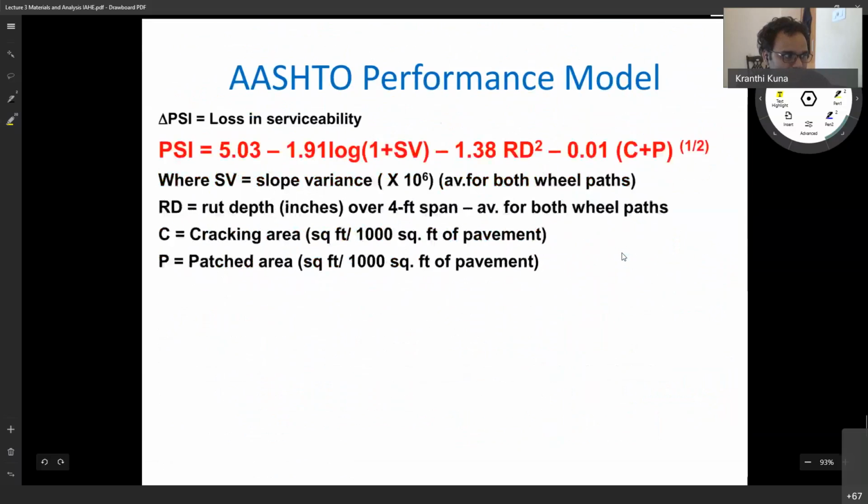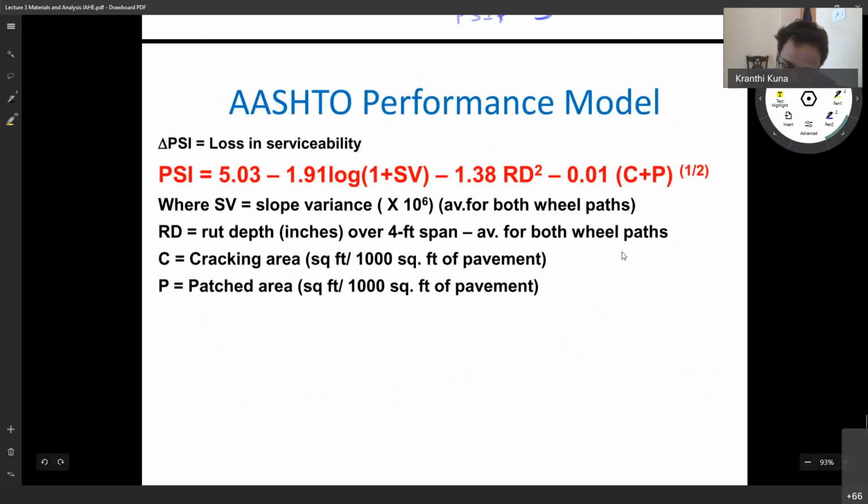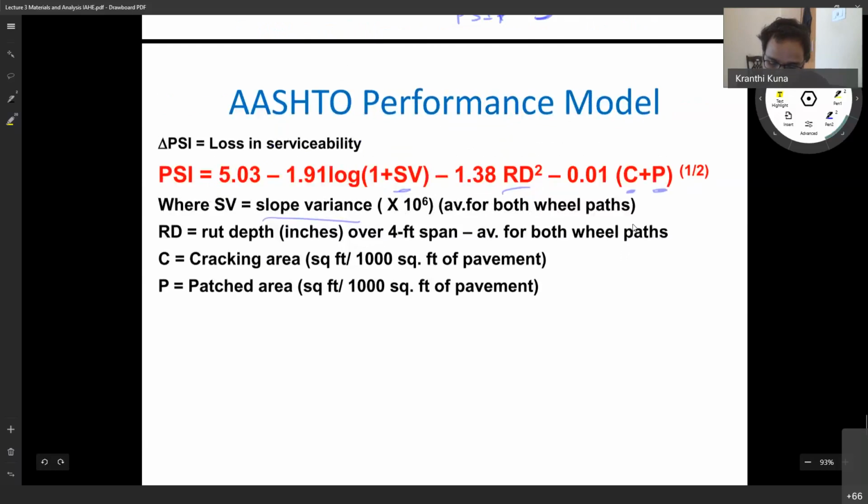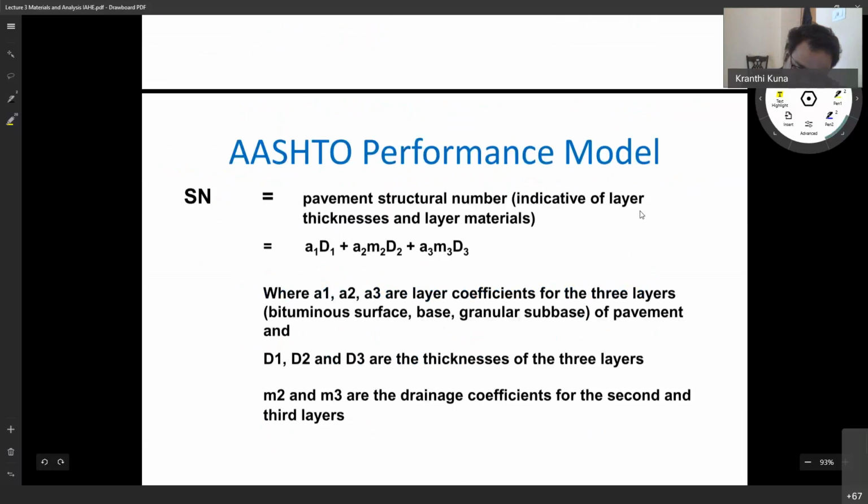You can see this loss of serviceability is again a function of various factors, which we call slope variance, rut depth, cracking, and patched area. I'm just giving you this to explain those terminologies. And the structural number you can see is A1 M1 D1, A2 M2 D2, A3 M3 D3.